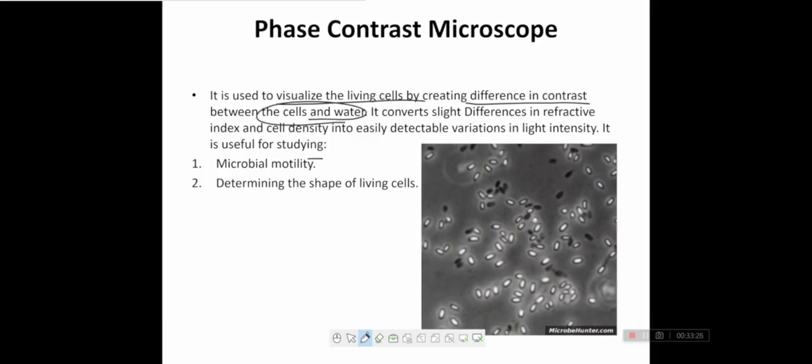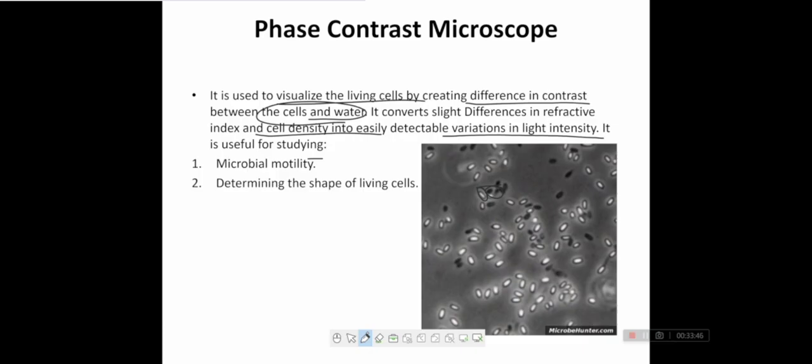It converts slight differences in refractive index and cell density into easily detectable variation in light intensity.